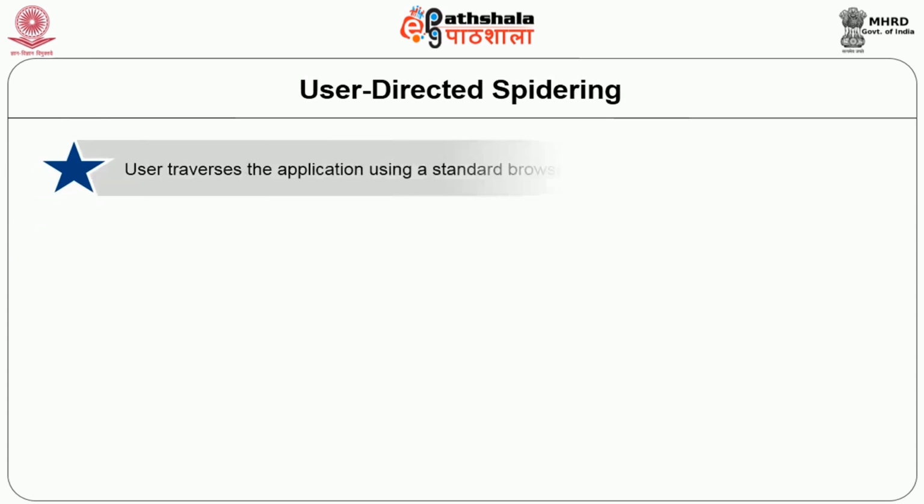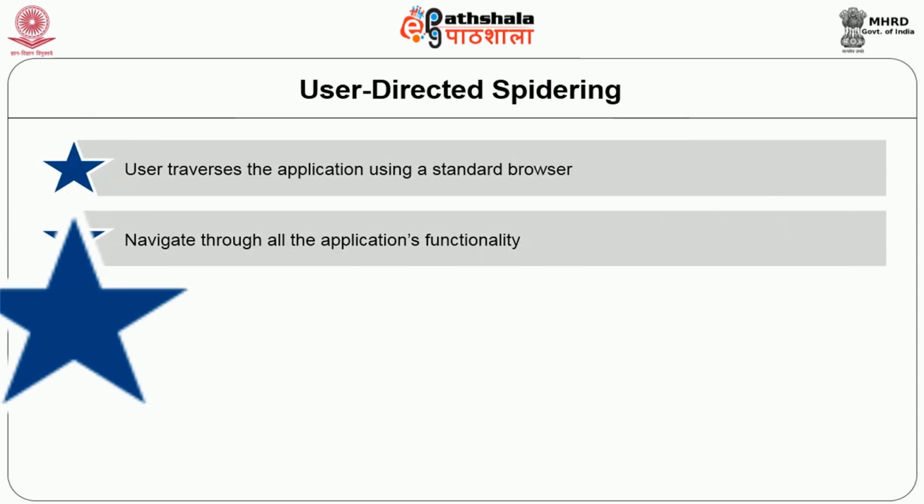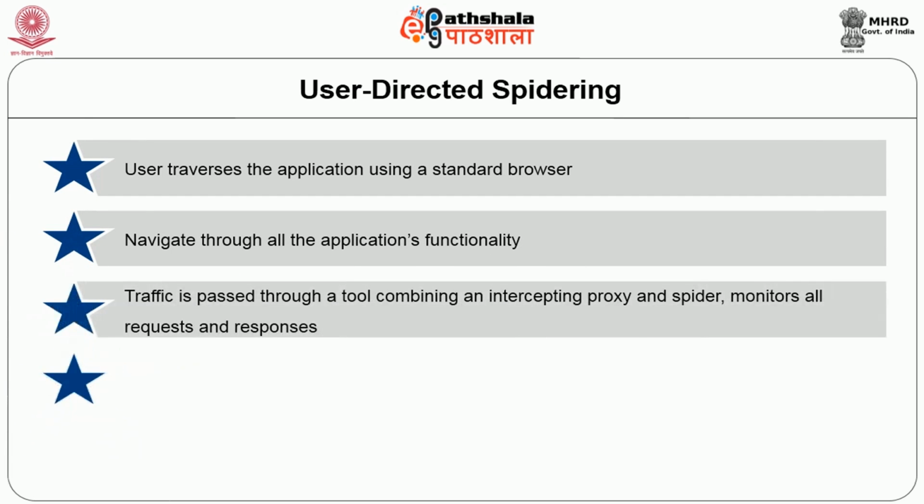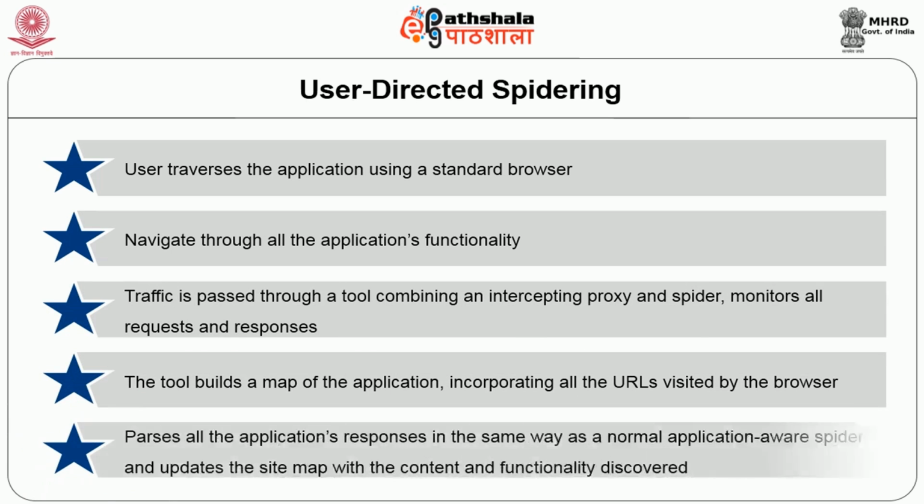Next is user-directed spidering, in which the user walks through the application in the normal way using a standard browser. The user tries to navigate through all the application's functionality. The resulting traffic is passed through a tool combining an intercepting proxy and spider, which monitors all requests and responses.